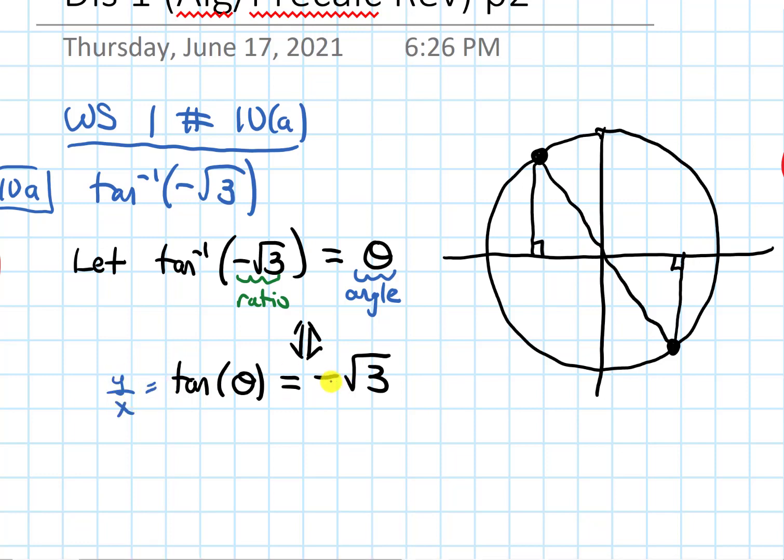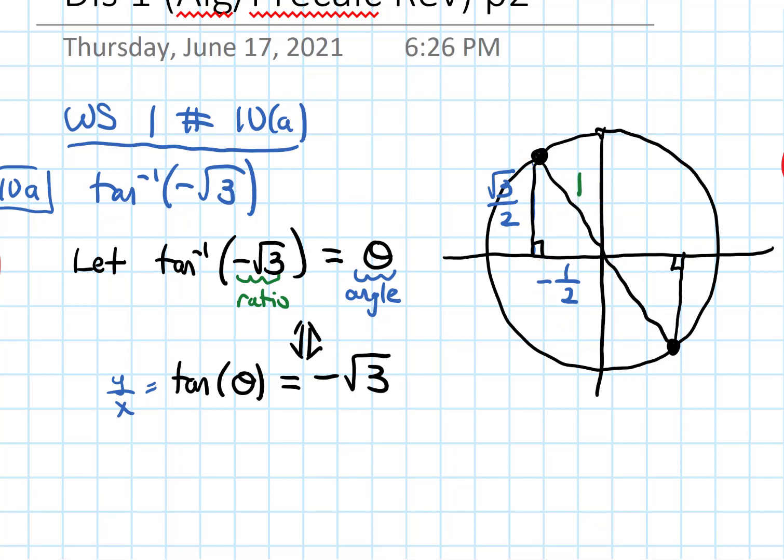To get a value like negative root 3, one way that could happen is if this vertical length was root 3 over 2, and I can see now, oh, this looks like a 30, 60, 90. That would mean that the horizontal length is going to be 1/2. But the horizontal length corresponds to a negative x coordinate, so I'm going to put a negative in front of that 1/2. And the radius, of course, is 1, so the hypotenuse is 1.